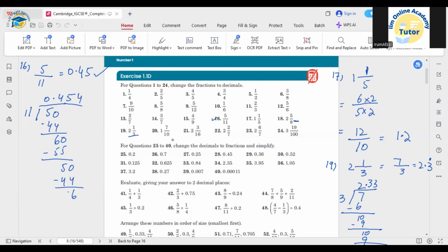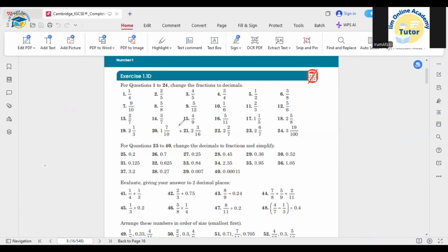Let's move towards the next question, 21. Okay, randomly I'm picking the questions so you can try some of them. It will better tell you how you need to go with these kinds of questions. So we have 2 into 3 by 16. Firstly, if I multiply 16 by 2, it would be 32. And to 32, if I add 3, this would be 35.